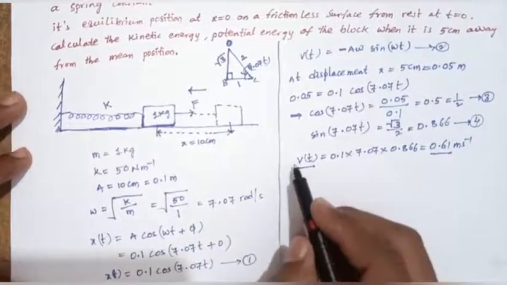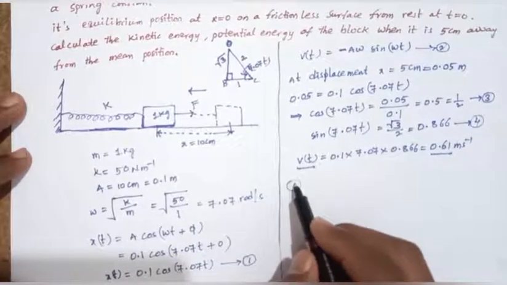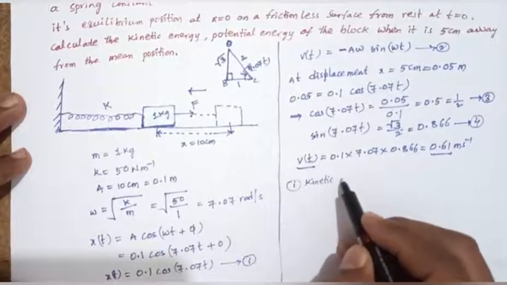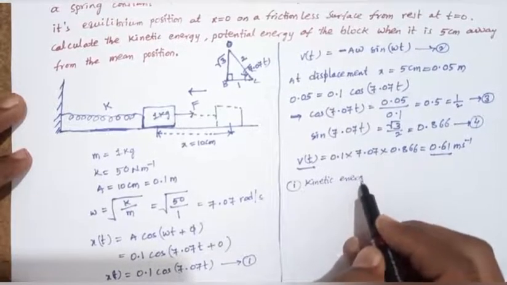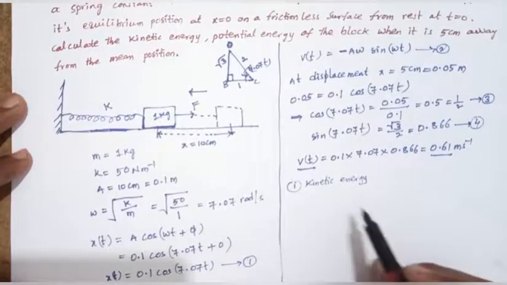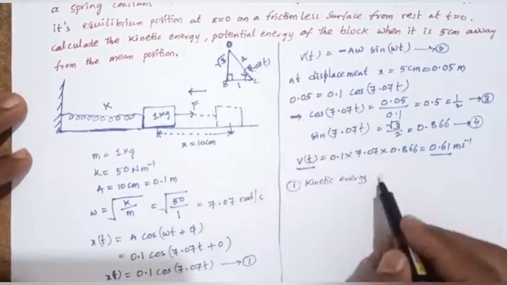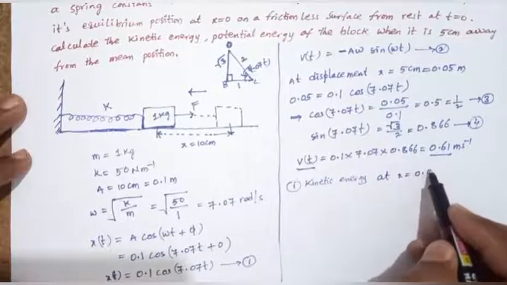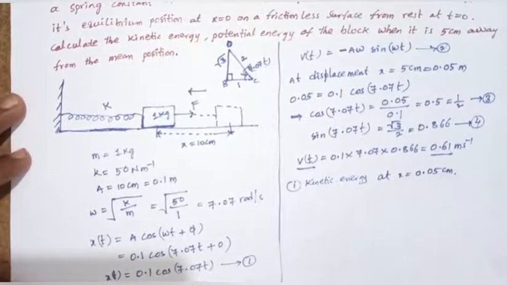Next we can find out the first one, kinetic energy, at the position x equals 0.05.